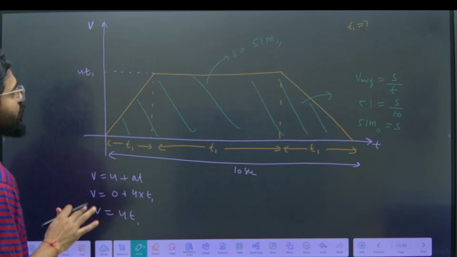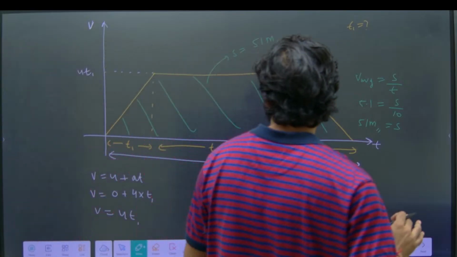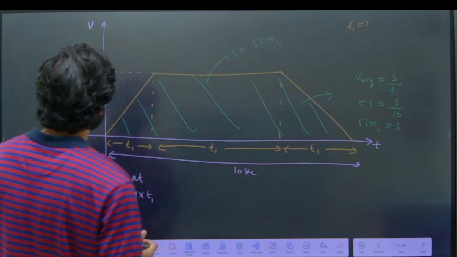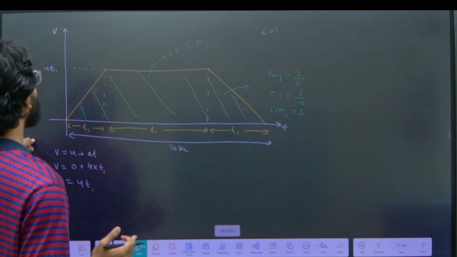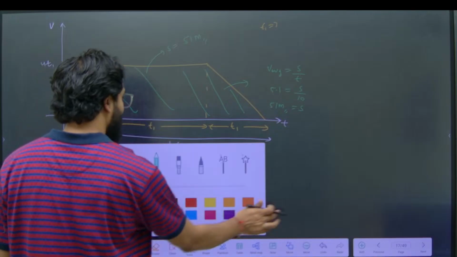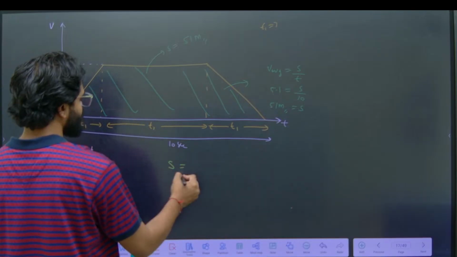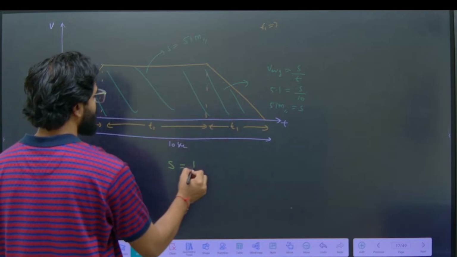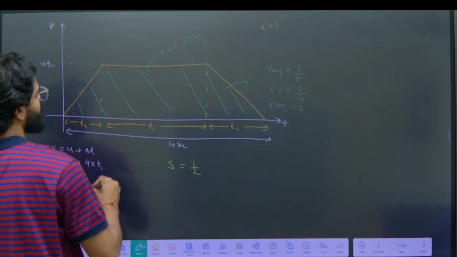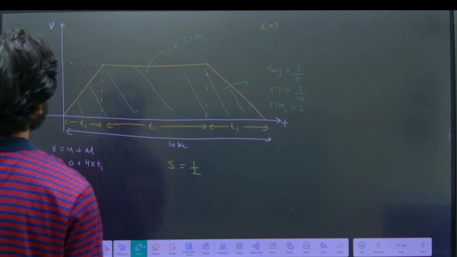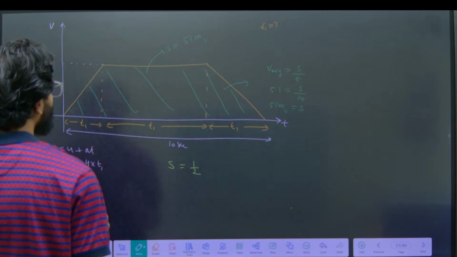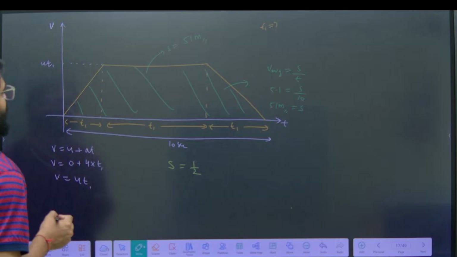Okay? So we know that the area under the curve is this and this. There is only one variable, guys. Can you see this? Let me tell you. S equals area under the curve, which, because this is a trapezium, is half into the sum of parallel sides into height.